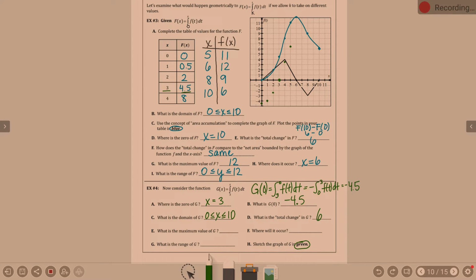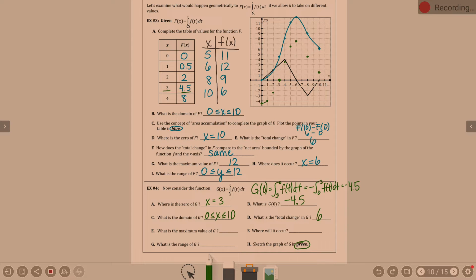It was 6, 12. If we move that down 4.5, we're at 7.5. 8, 9. Move that down and you're at 4.5. And 10, 6 is going to move down, and that's going to be at 1.5.